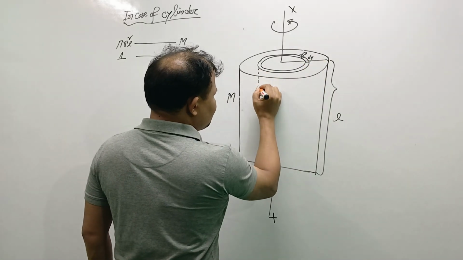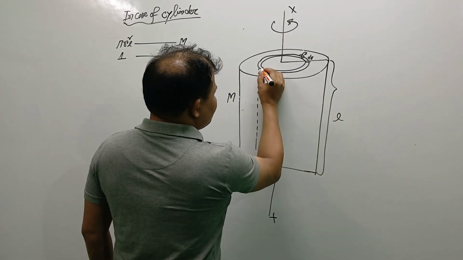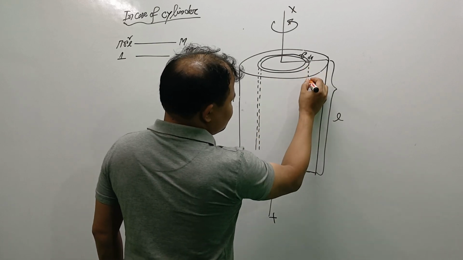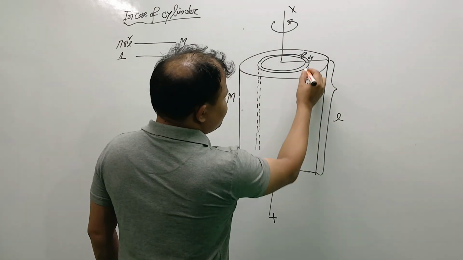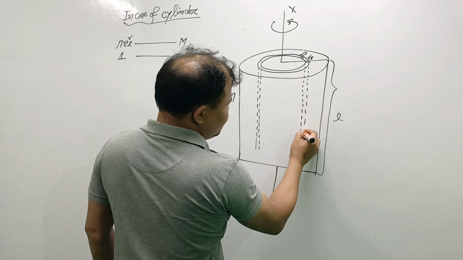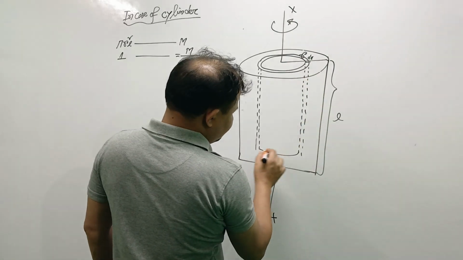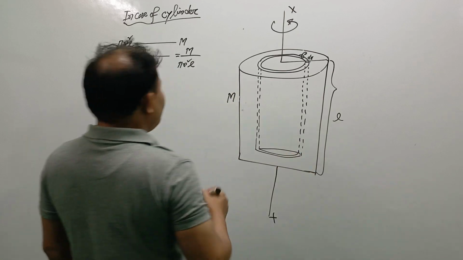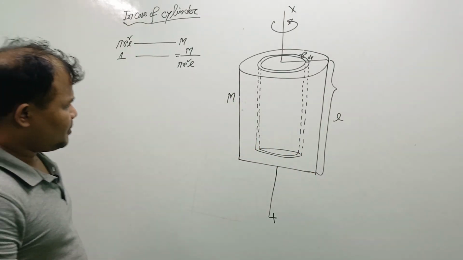This is the very small cross section area. Our duty is to find the area of this cross sectional part.